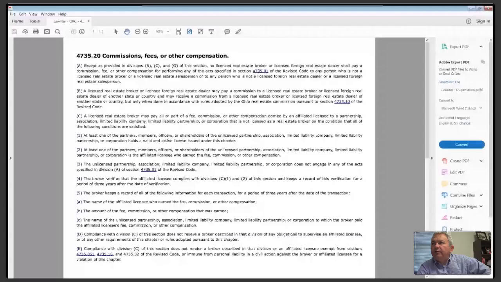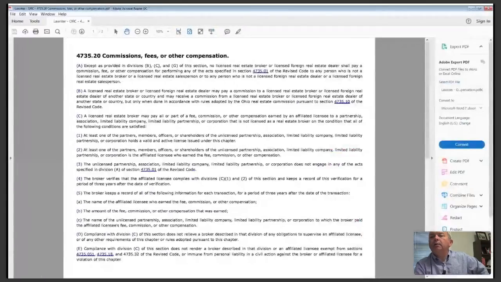There we go. So this is off of LawWriter, a website that contains the Ohio Revised Code, and the website is codes.ohio.gov/orc/4735.20v1.